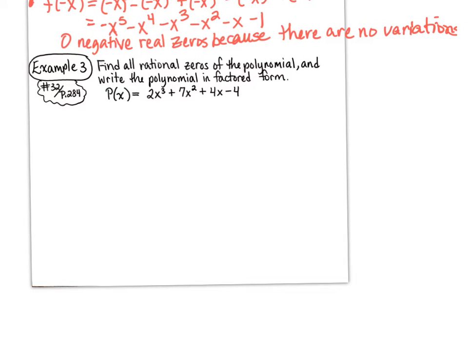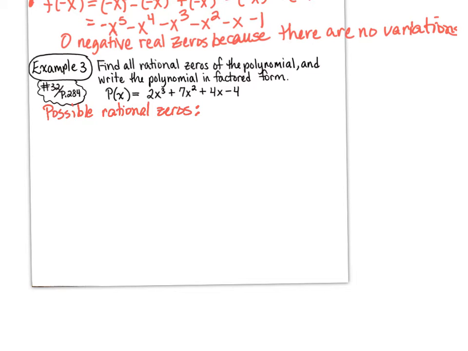So let's do it. The possible rational zeros are what? You tell me based on what we've talked about. Just give me the possible ones.